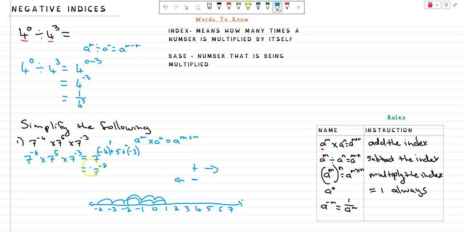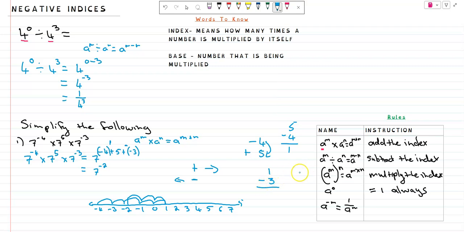Okay. Another way that you can solve this is if you have negative 4 plus 5, you can swap this around. What is 5 minus 4? So 5 minus 4 gives you 1. And then you have 1 minus 3.